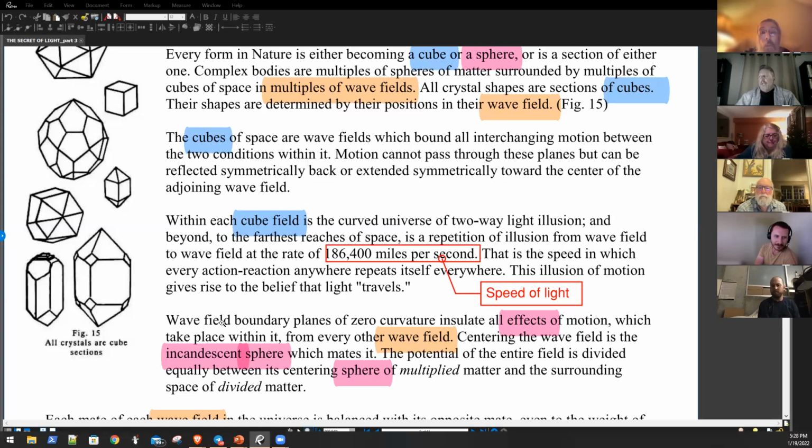So wave field boundary planes of zero curvature insulate all effects of motion which take place within it. For every other wave field, centering the wave field is the incandescent sphere which mates it. The potential of the entire field is divided equally between its centering sphere of multiplied matter and surrounding space of divided matter. So as we talked about earlier, we have this cube, and as we have the center, it begins to radiate out.